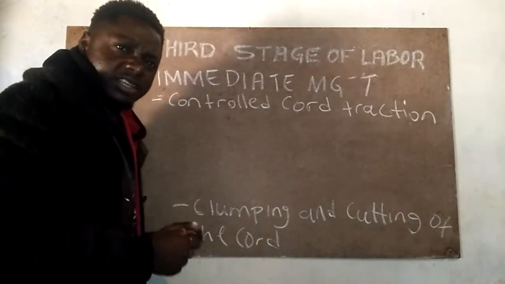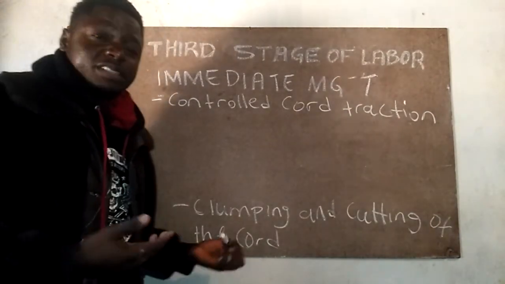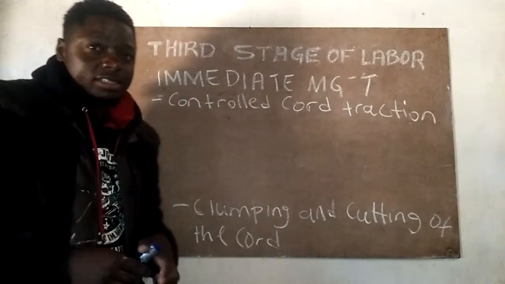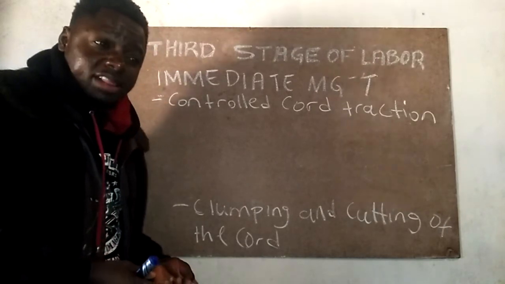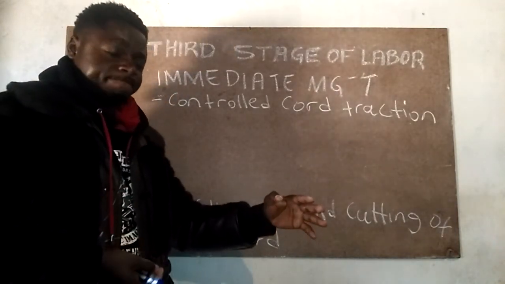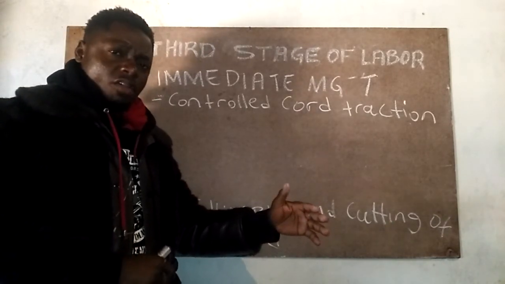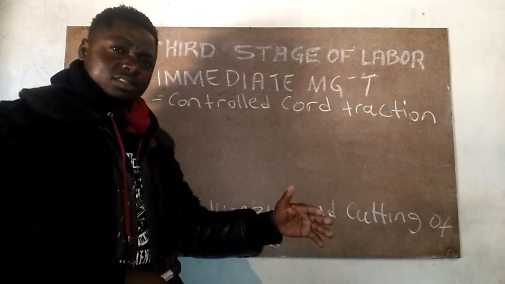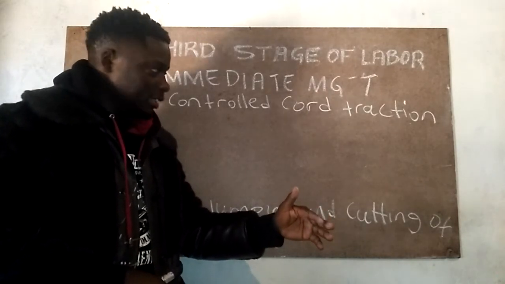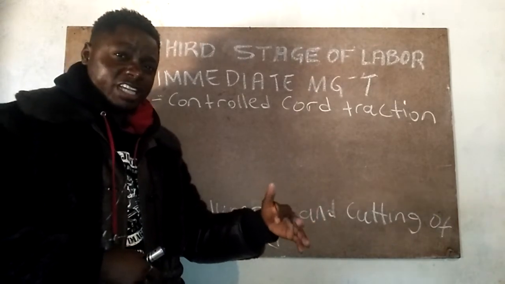Now, how do we do this? You get your left dominant hand and press it on the mother's pubic bone, just above the pubic bone, and with the other hand you hold the cord down there where the spongy forceps is, and then you don't start pulling on the cord yet.